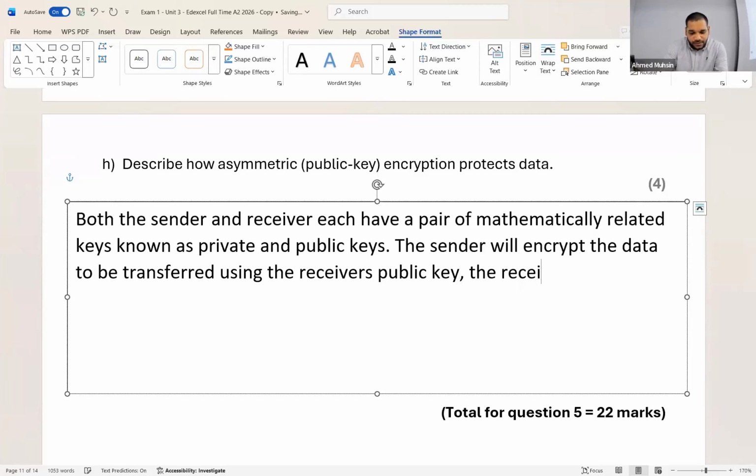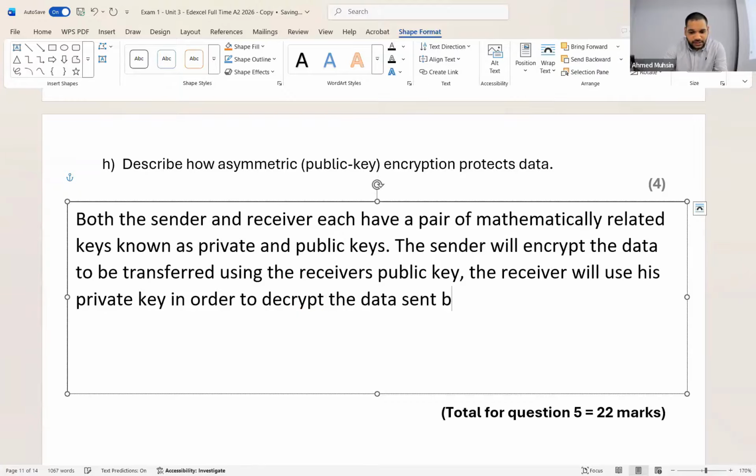The receiver will use his private key in order to decrypt the data sent by the sender.